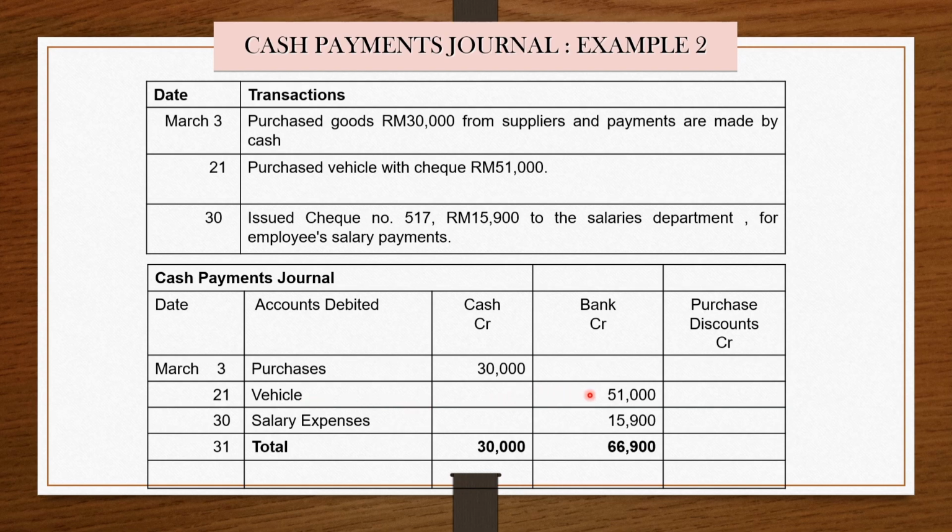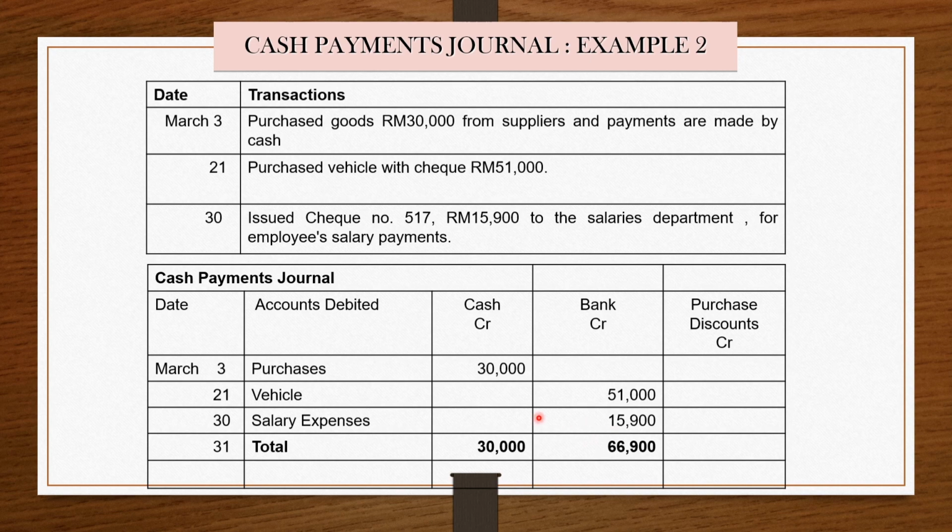And at the same time, we record in the bank account credit side, 51,000. 30th of March, salaries expenses represent an expenses account, and credit bank because we have paid by check, 15,900.